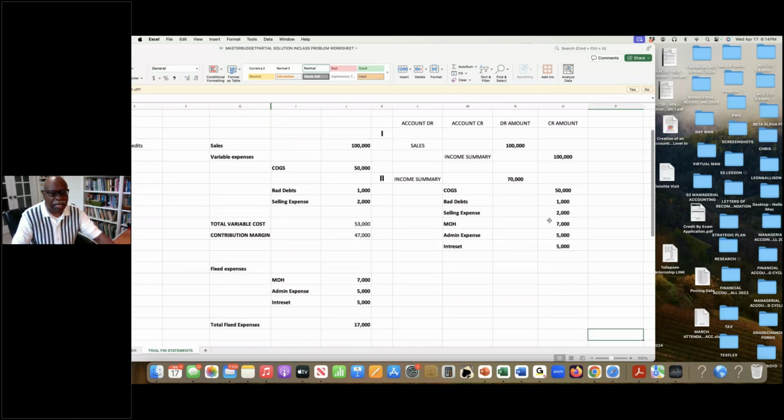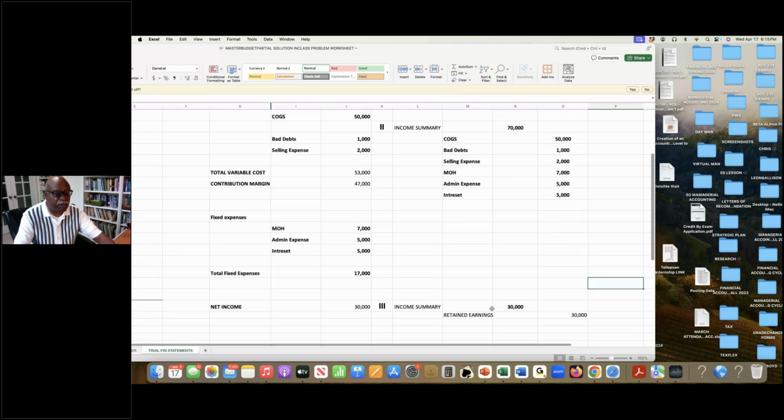But we're closing straight off of this income statement. These accounts are temporary accounts, and they have to be closed out. We close out the revenue first, then all the expenses, and then the final closing entry is the net income.